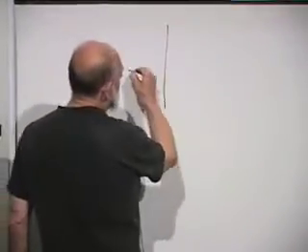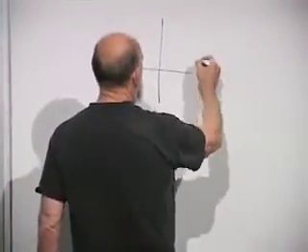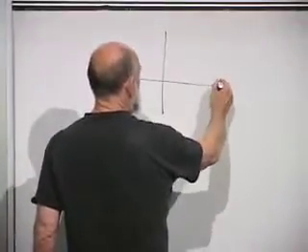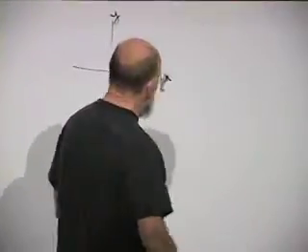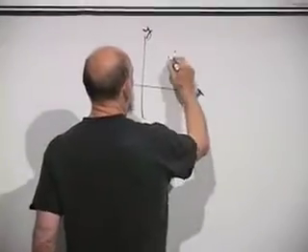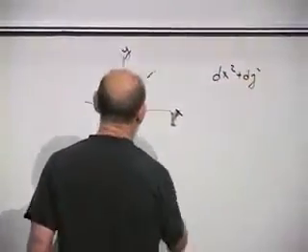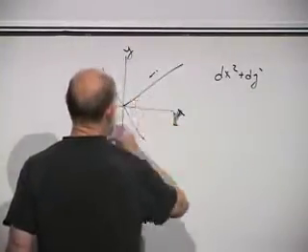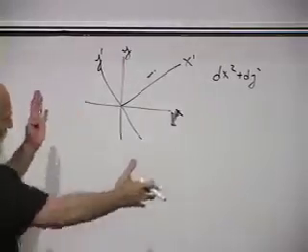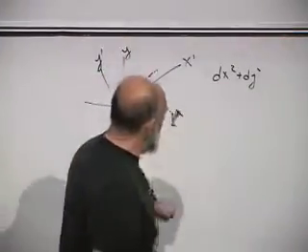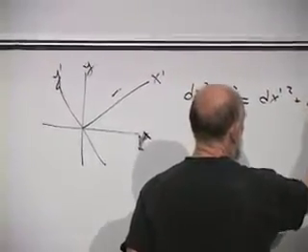If I take coordinates x and y, the usual kind of Cartesian coordinates, then yes, the separation between 2 points is just dx squared plus dy squared. If I rotate the coordinates to x prime and y prime by a standard rotation, then the same interval is dx prime squared plus dy prime squared.